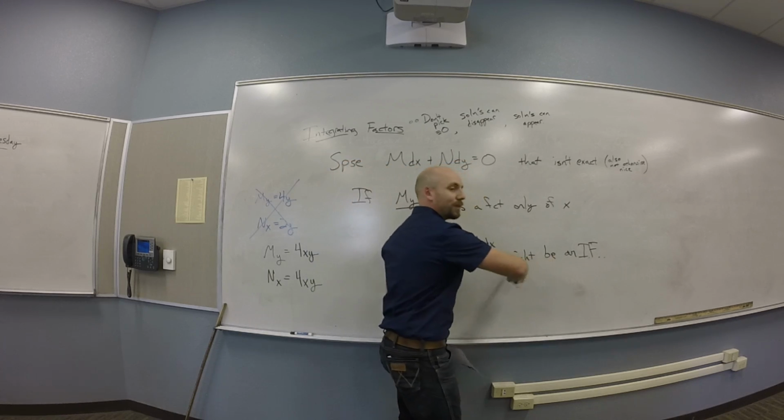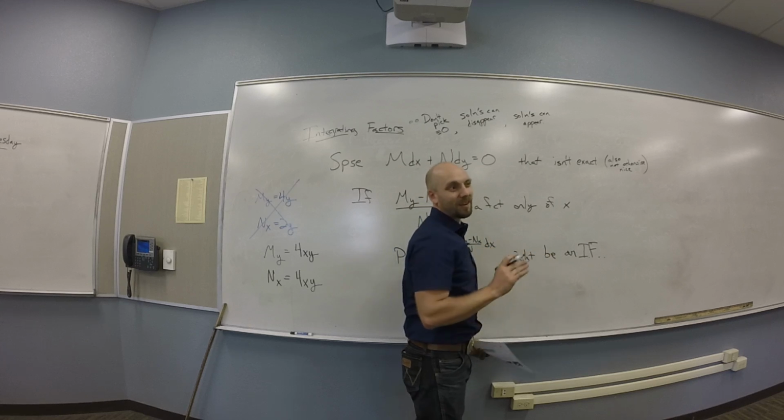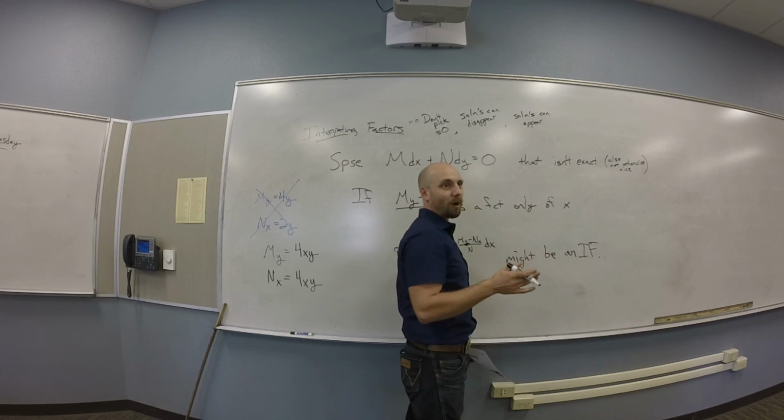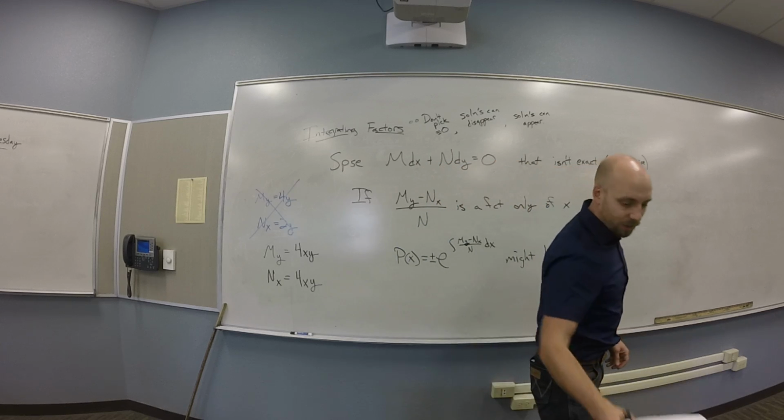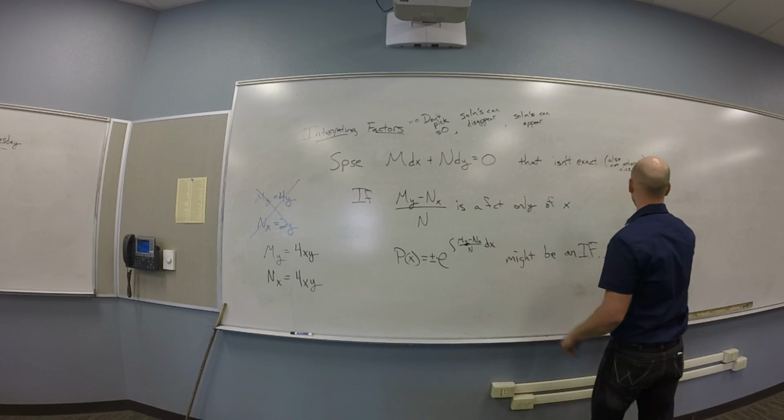I'm putting the "might be" in here because basically those caveats are a problem, and I don't want to go through and isolate every case. So the other option is similar.